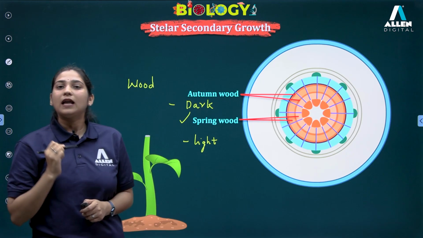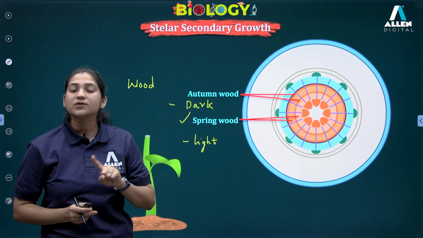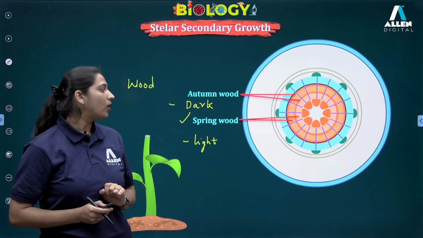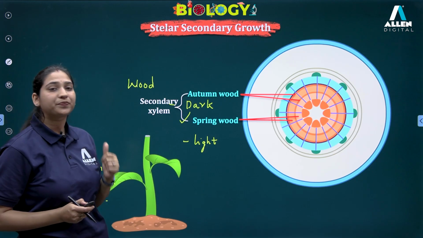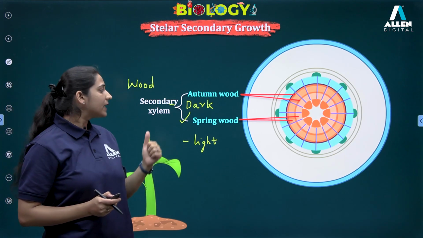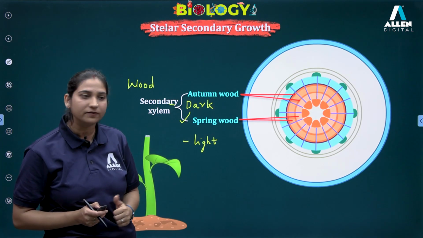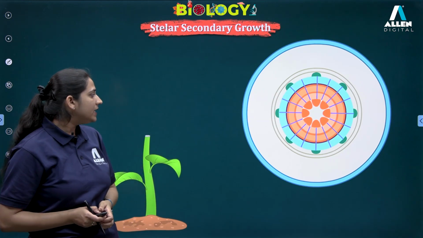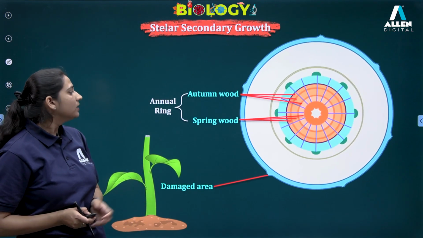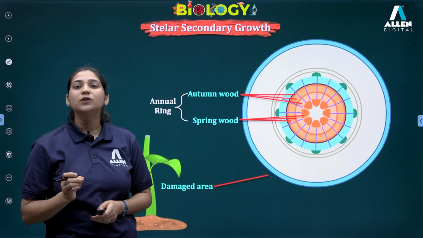These light and dark bands of wood formed across 1 year are called annual rings. These are the secondary xylem. In 1 year, secondary growth leads to formation of a dark band of autumn wood and a light band of spring wood. So these autumn wood and spring wood are also called annual rings.